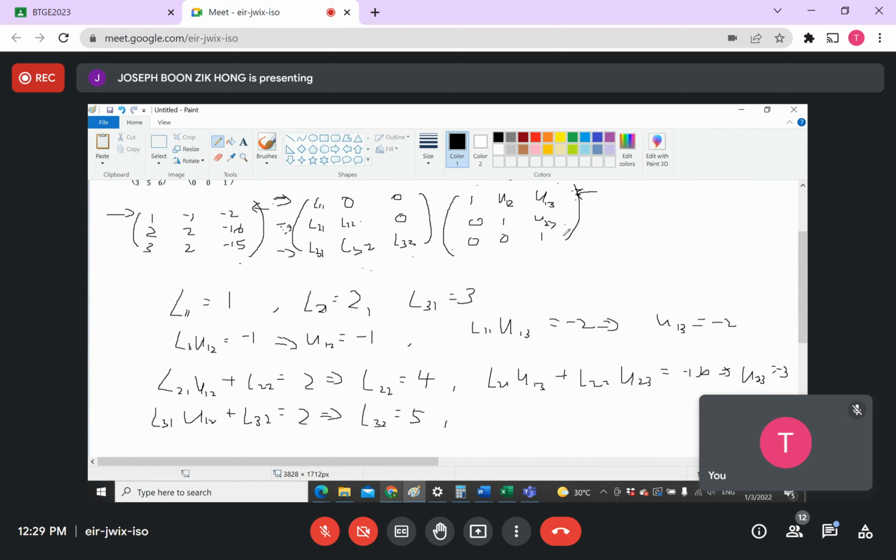And then third row times the third column: L31, U13, L32, U23, L32 5, U23 -3, plus L33 equal to -15. So L33 equal to -15, so equal to 6.